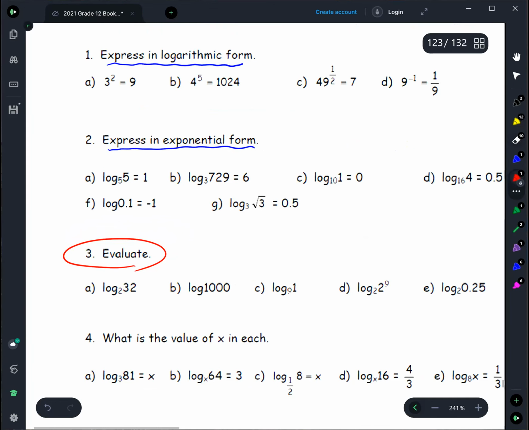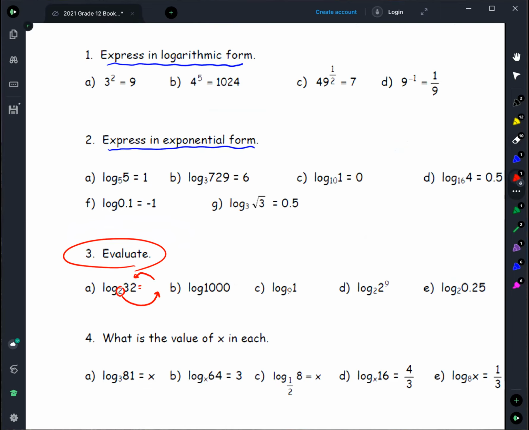Okay, try again. So base of 2, 2 to something has to equal 32. So Nick, what does the answer equal?